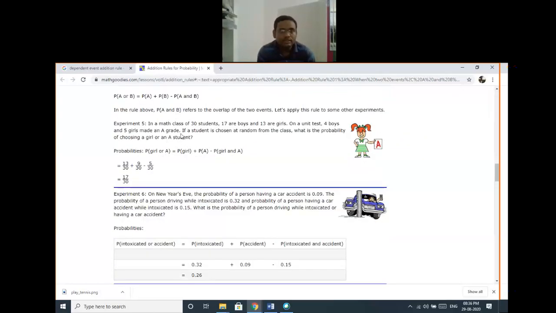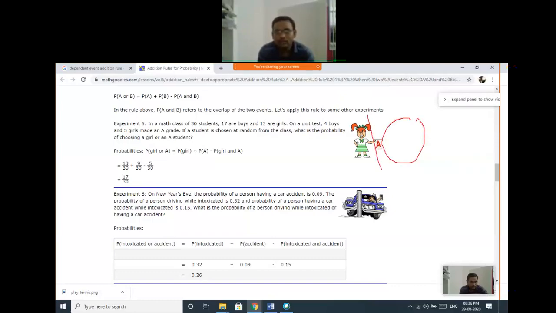So this is another example. In a math class of 30 students, 17 are boys, 13 are girls. So let me draw. In a class of 30 students, this is the total sample space, in the Venn diagram, meaning the superset. Boys are there and girls are there.